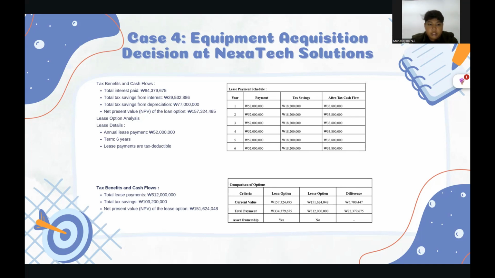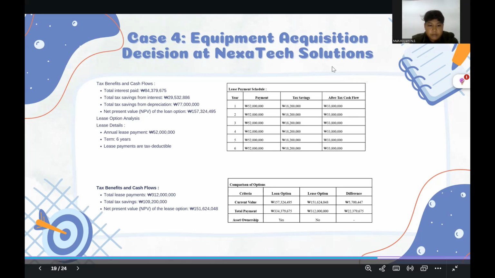Term 6 years. Lease payments are tax deductible. Lease payment schedule: each year the company pays 52 million won and the tax savings are 18 million won. Tax benefits and cash flow.